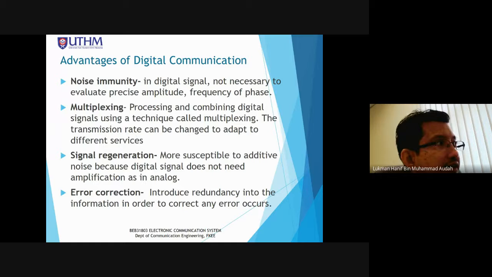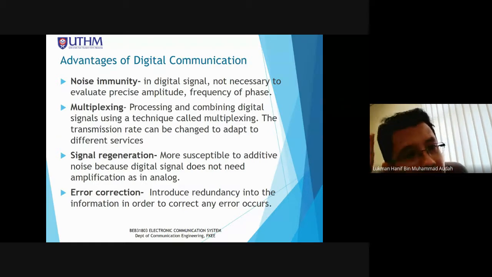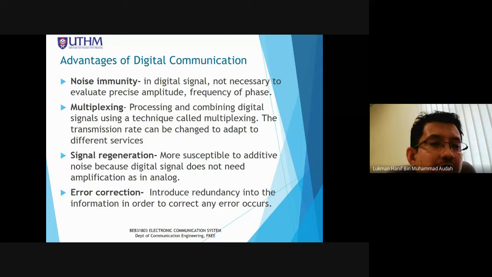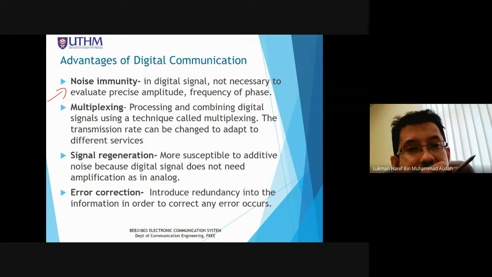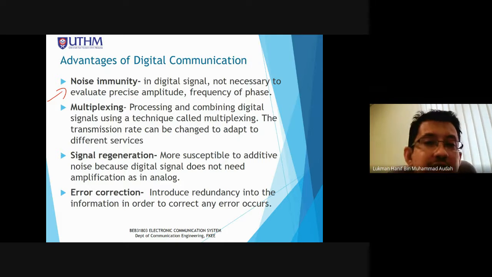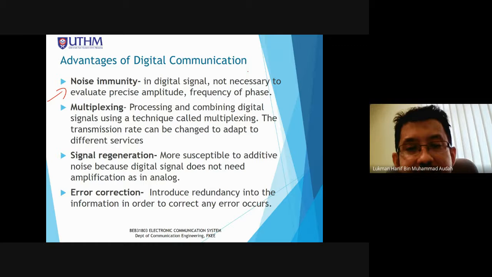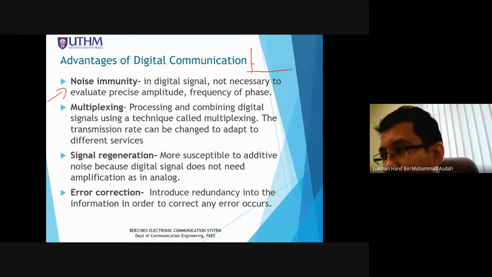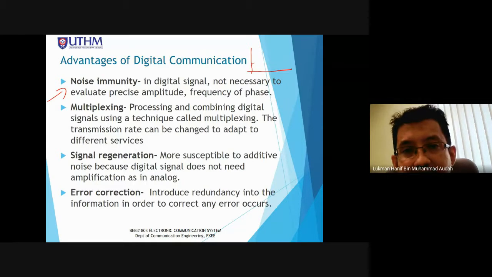And if you see that here, advantage of digital communications, noise immunity. In digital signal, not necessary to evaluate precise amplitude, frequency or phase. Kenapa dia noise? Dalam kes ini, dia katakan bahawa kita tak perlu evaluate secara precise dari segi amplitude, frequency dan fasa. Kerana digital signal itu hanya ada dua state sahaja, sama ada logik 1 atau logik kosong.